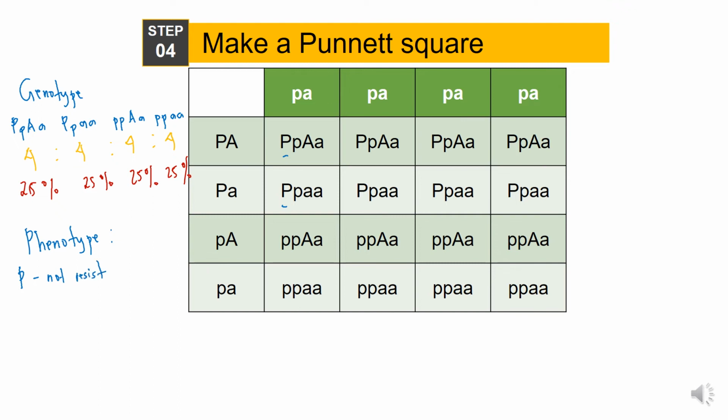Tama? Okay, it's not resistant. So yung small p, yun yung resistant to pesticide. And then we will have the other trait, which is for the antennae, and the dominant trait for this is the barbed one, and the recessive trait is the smooth.